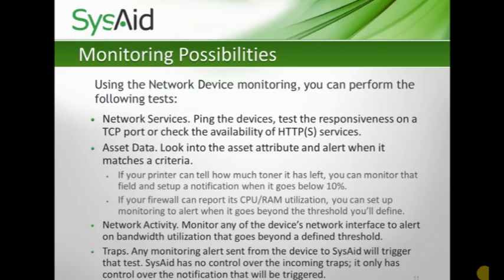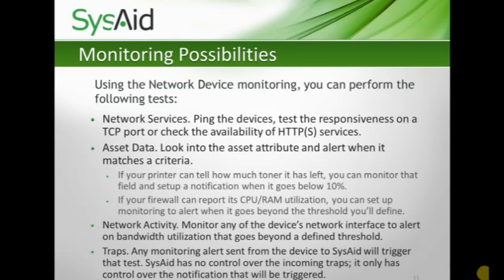Network activity is something that becomes more related to the SNMP protocol. You can choose one of the network interfaces and do monitoring on the bandwidth for that interface. And you could have many interfaces to choose from.